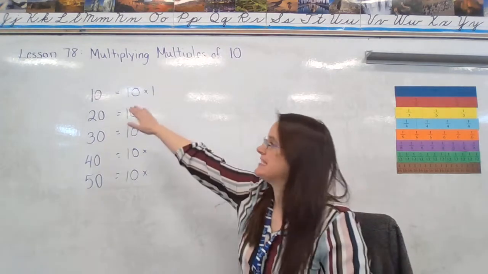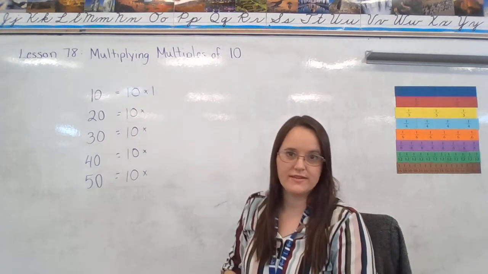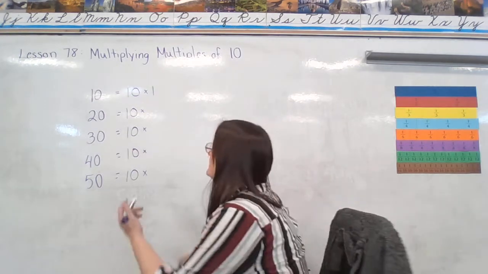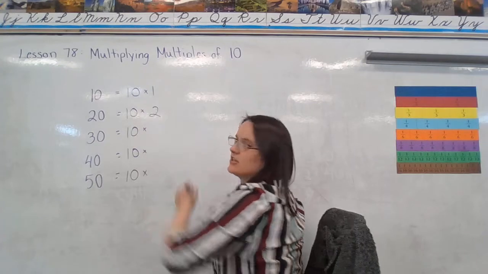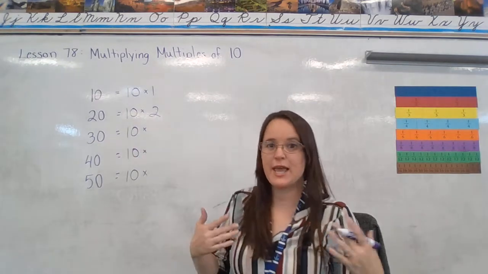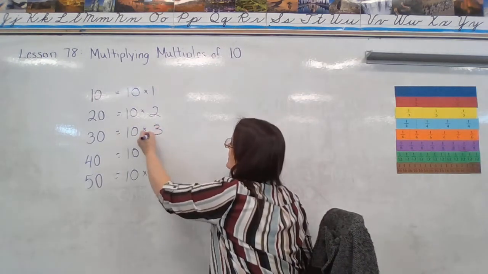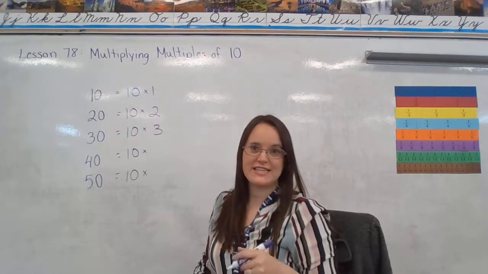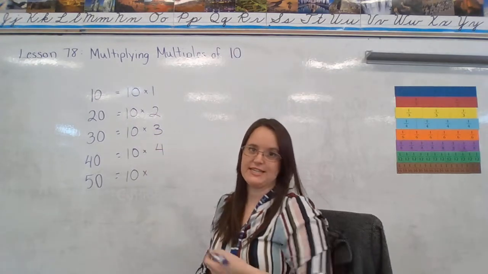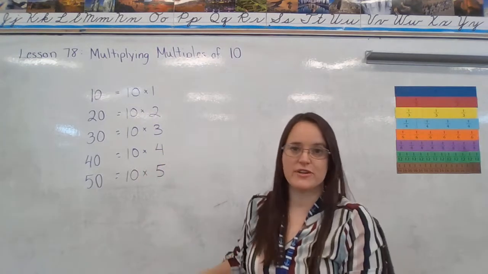For example, 10 is the same thing as 10 times 1. 20 is the same thing as 10 times 2. 30 is the same as 10 times 3. 40 is the same as 10 times 4. 50 is the same as 10 times 5, and we could keep going, but for now we're going to stop there.